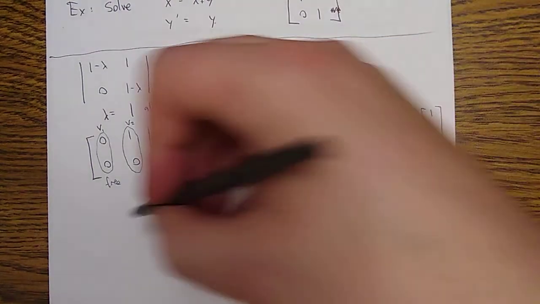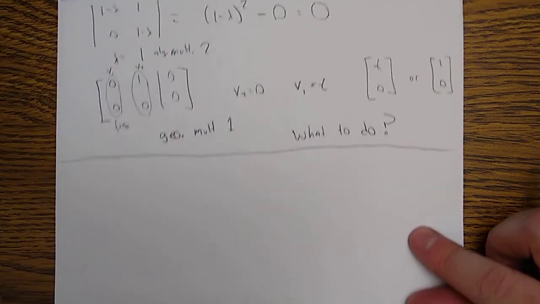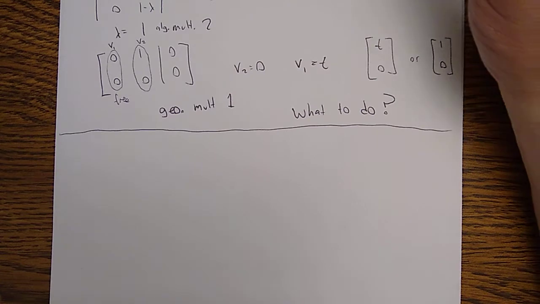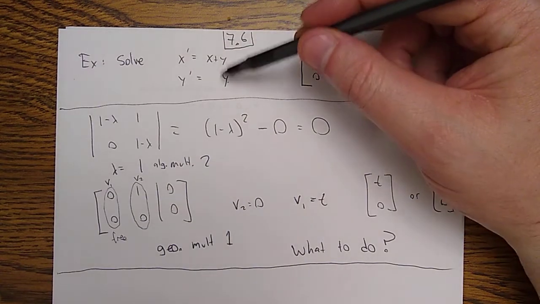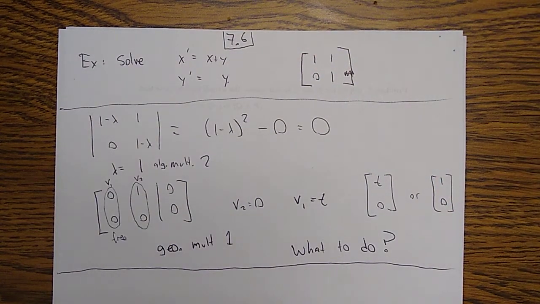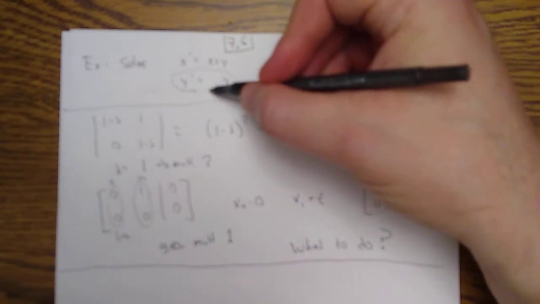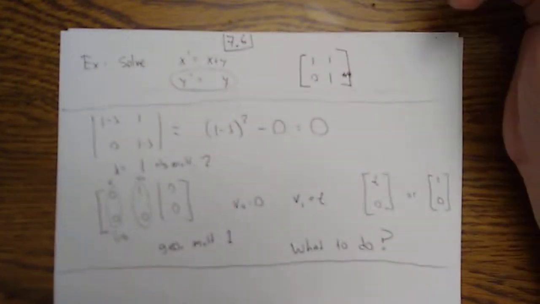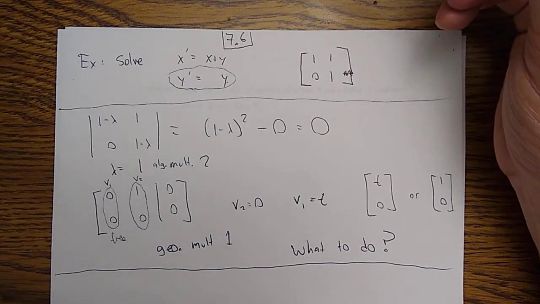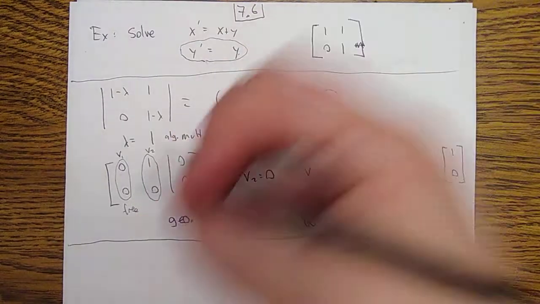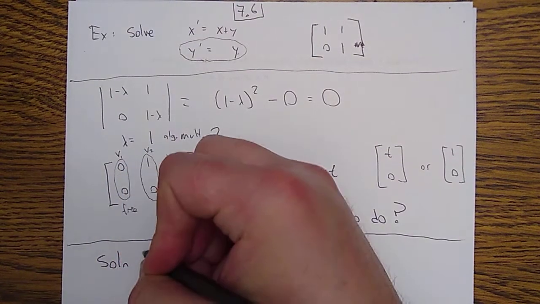We're going to momentarily declare defeat on that method. Why don't we just look back at the original 2 equations and just kind of use our brains. Actually, the second equation involves just y. So this is a very simple differential equation.